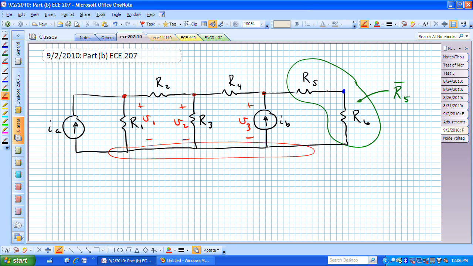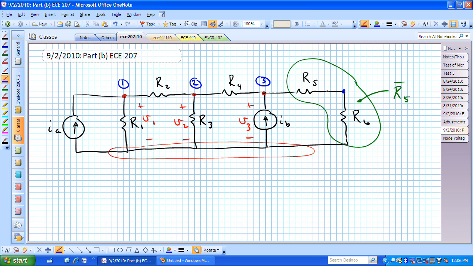We then were able to define three node voltages, V sub 1, V sub 2, and V sub 3, for this problem. We wrote KCL equations at 1 and 2, and we were just beginning to write a KCL equation at node 3.